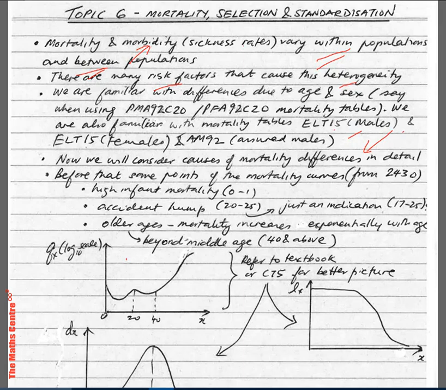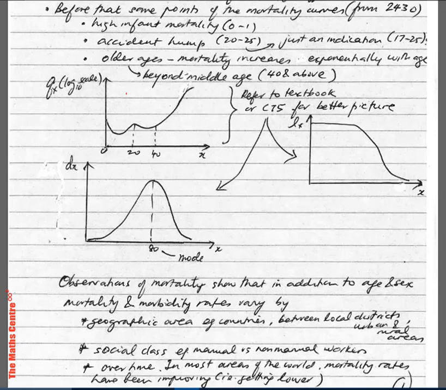I made a few sketches here. You can get some nice pictures from the textbook, or from the CT5 core reading. These three curves are based on the ELT15 for males.